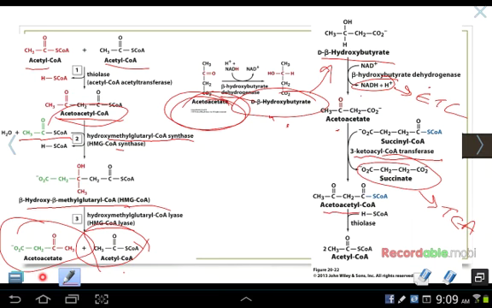So we transferred the CoA from succinyl-CoA over to acetoacetate. So acetoacetyl-CoA is then cleaved by thiolase, and another CoA group is brought into this reaction in order to make two acetyl-CoAs that can go through the citric acid cycle as well. Okay?